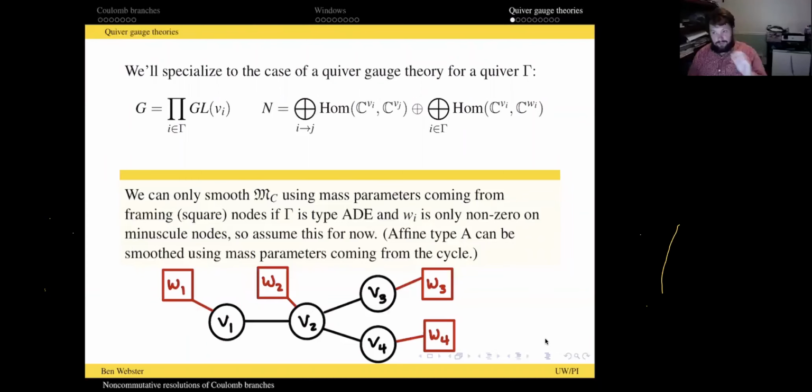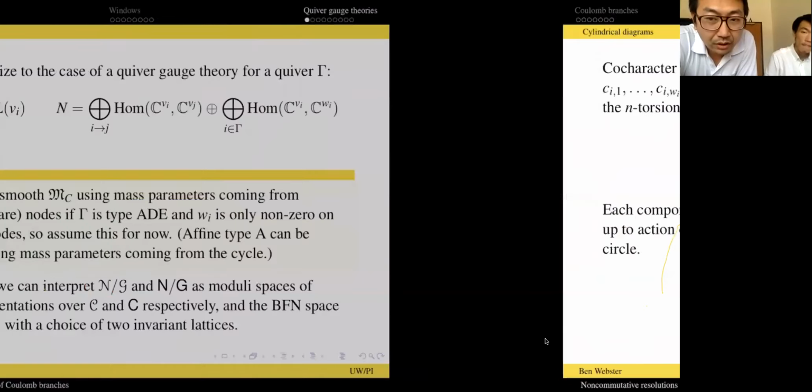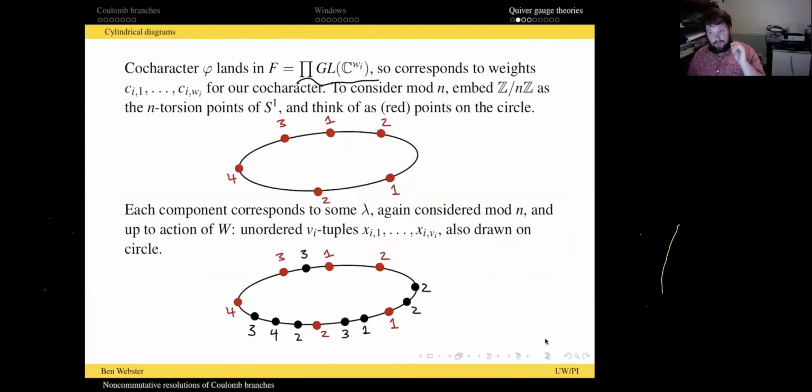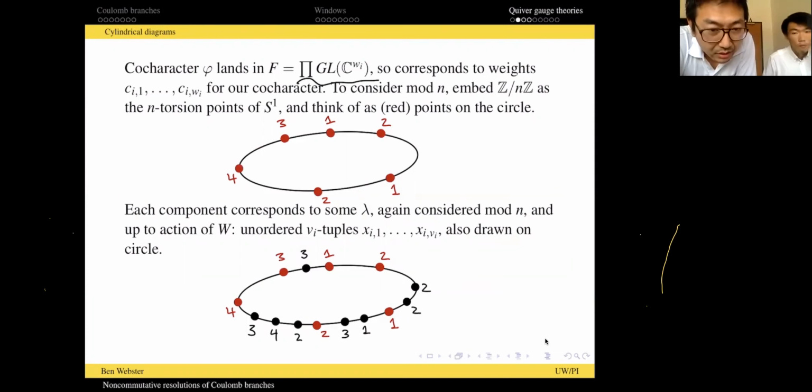And what are the locations? What is the actual weight that I'm acting by? I see. So I'm acting on quiver representations. You have to make some generic choice so that they have distinct weights. And these black dots, are they also just a generic choice?